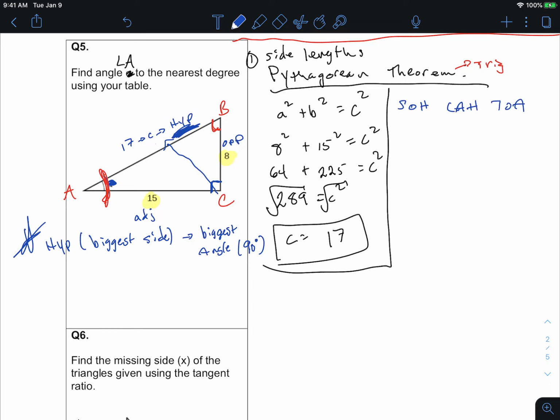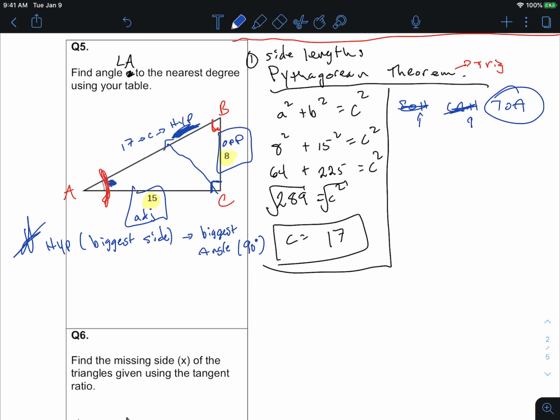Okay, your job is to remember what you just said. We know opposite and we know adjacent. It's TOA, right? I can't use sine and I can't use cosine because they both require the H, which means you're forced here. Because it's the O and the A that you know.